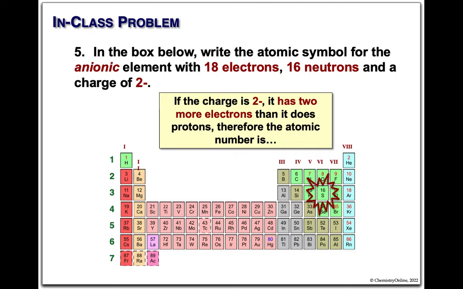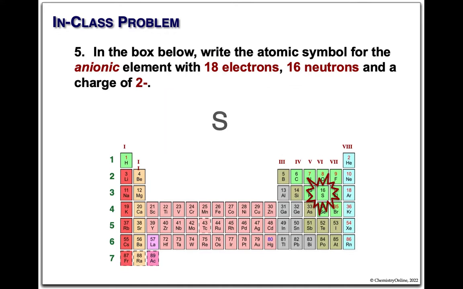Now we remember that when we write an atomic symbol, we start off with a symbol for the element. As a subscript in front of the element, we put the number of protons. That's the atomic number. And as a superscript up here, we put the mass number.